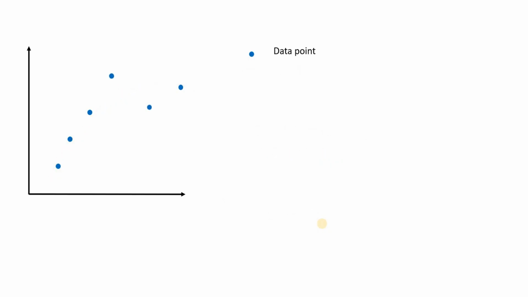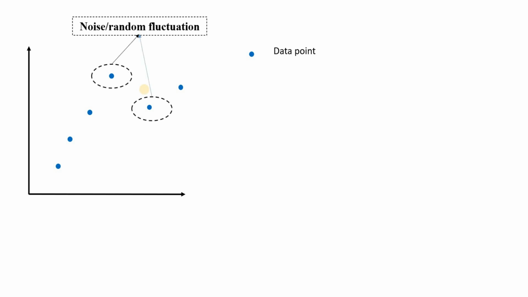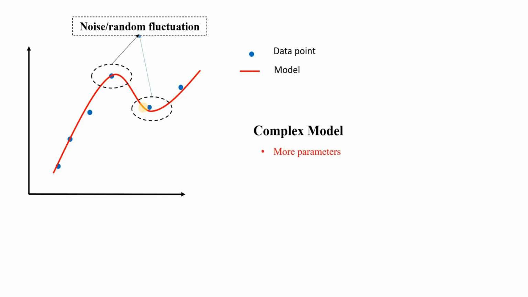The next time, if we have a few points like this, and this may be due to noise or some certain random fluctuation during our experiment or during noting data, this may happen. Then if we use some complex model with a larger number of parameters, it will also fit our data, and that will be called an overfit. So here we can see the problem: if we use a complex model like this, it has fitted the data.